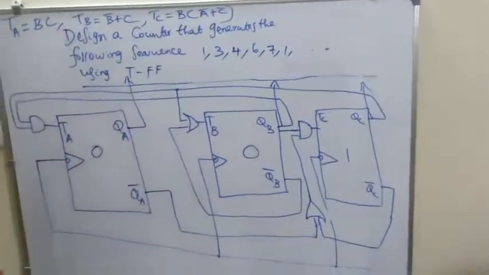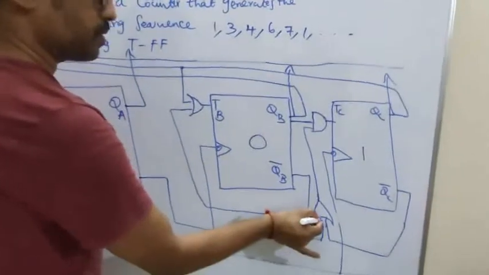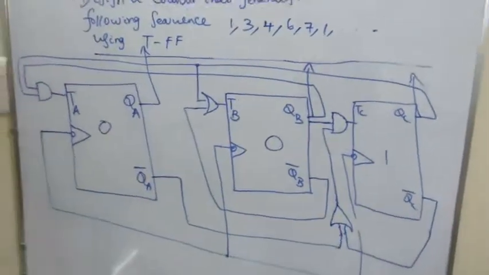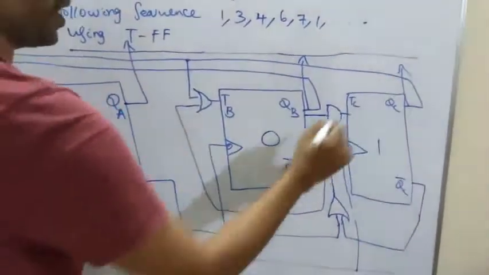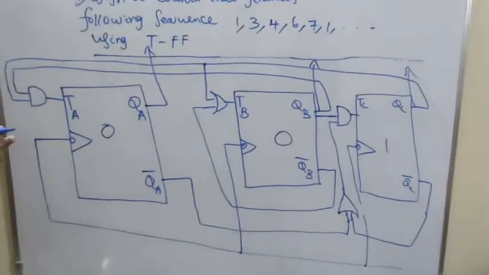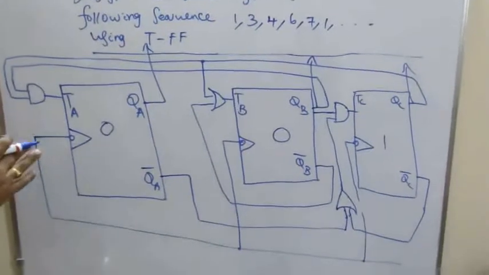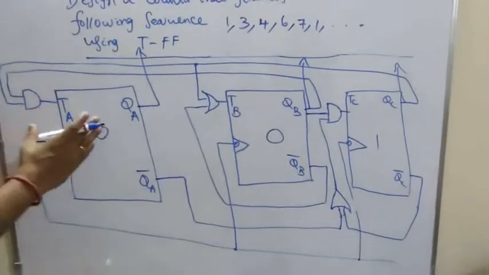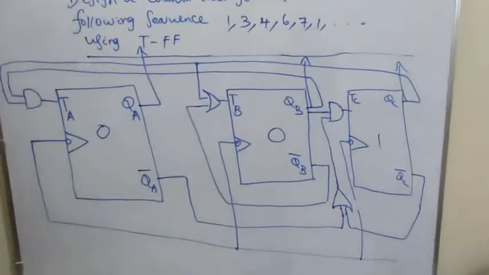This is an OR gate. So 0, 0, 1. Now we need to find the inputs for all the flip-flops. Then we need to apply the clock pulse. Then only the flip-flop will respond to the corresponding inputs.